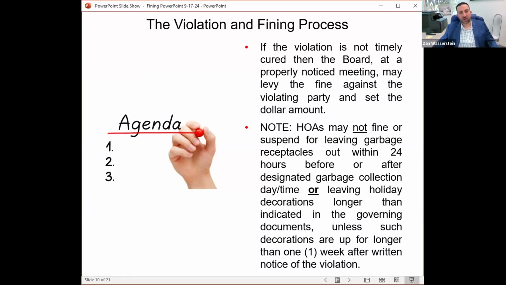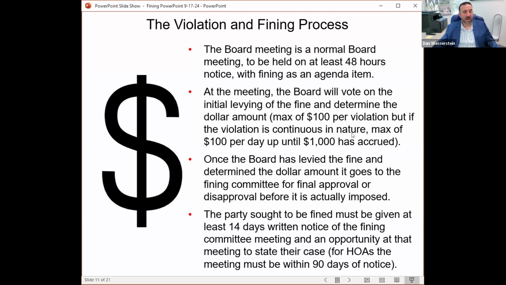Now, on January 11th, you could send the owner a notice that they're in violation, and only if they're still in violation for another week after that notice would you be able to levy a fine against them for having those holiday lights up longer than allowed. So the law is giving a little more leeway on the trash cans and on the holiday lighting. And again, that's only HOAs, not condos.